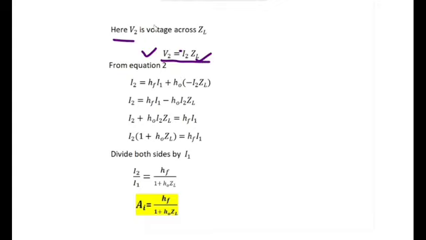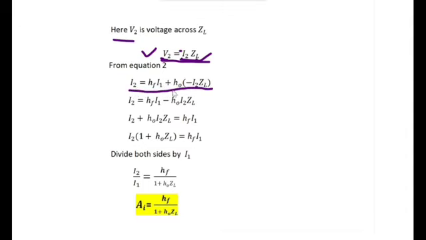From equation 2 that we have seen, I2 is equal to HF into I1 plus HO into V2. This is the I2 equation. From that equation we substitute the value of V2 as minus I2 into ZL. So in the place of V2 we substitute minus I2 into ZL, and the equation will be in this form.